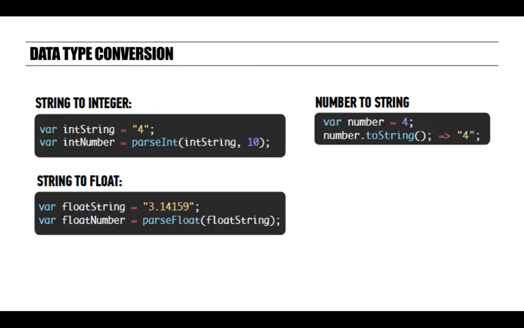So it's going to return that decimal number. And here, number to string, we're saying number.toString, and it's just going to change whatever number we have into a string. So any questions with this?